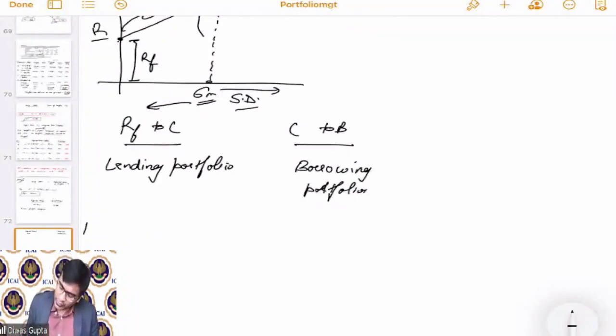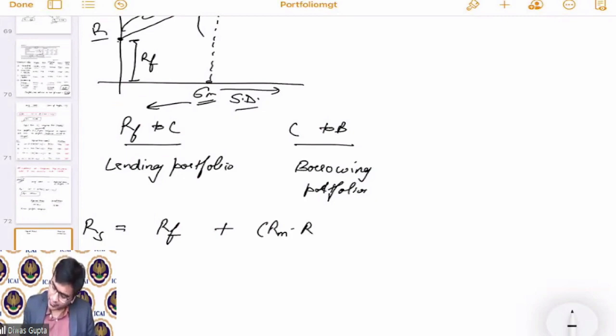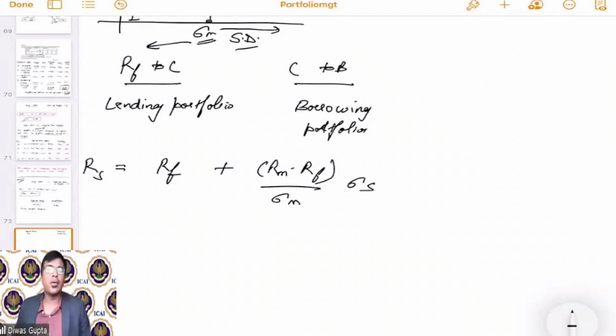Now the equation we have also studied: the return on a security is equal to the risk-free rate of return plus (RM minus RF) divided by the standard deviation of market, multiplied by the standard deviation of security. This is also one of the equations to calculate the return on securities when we are given the standard deviation of market and standard deviation of security.